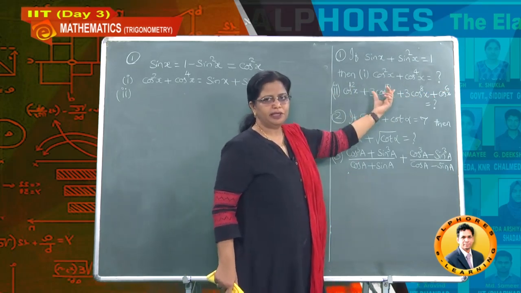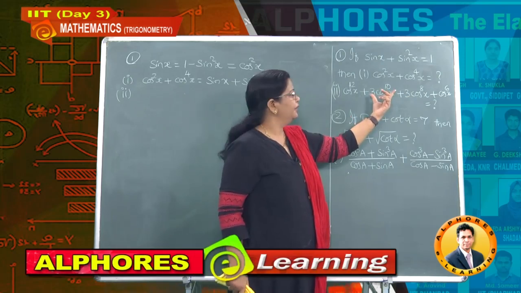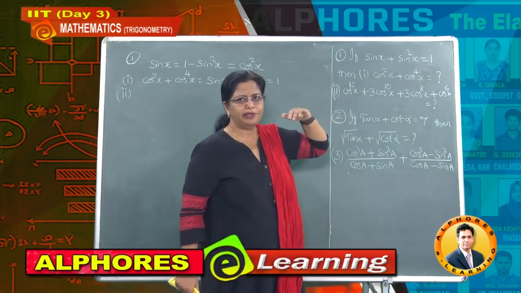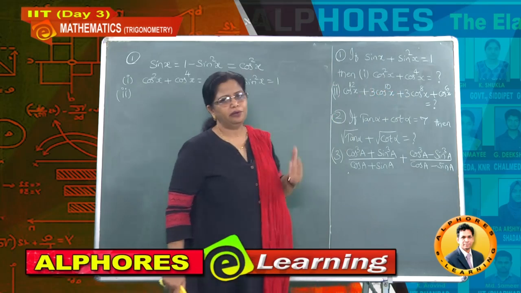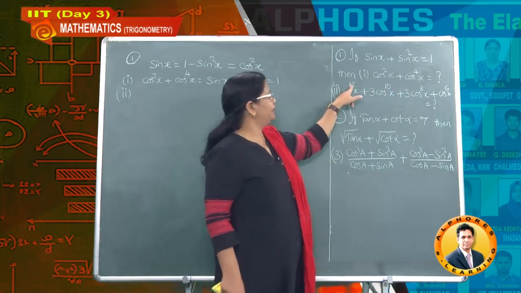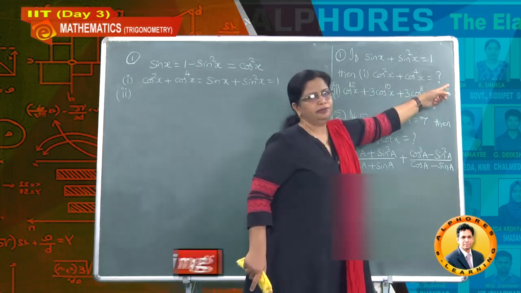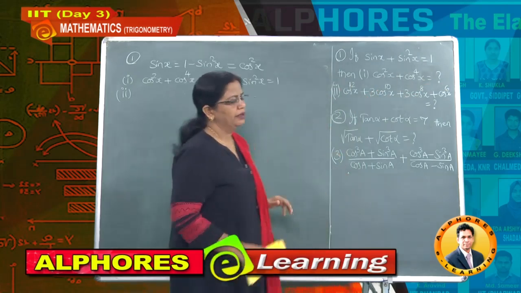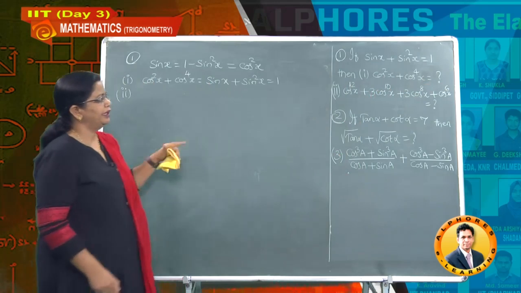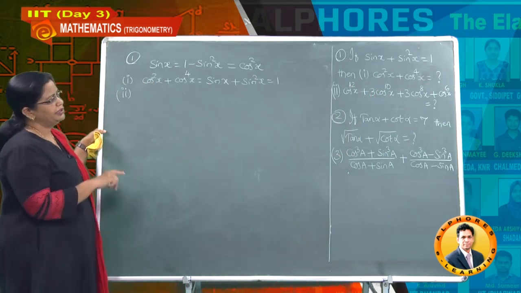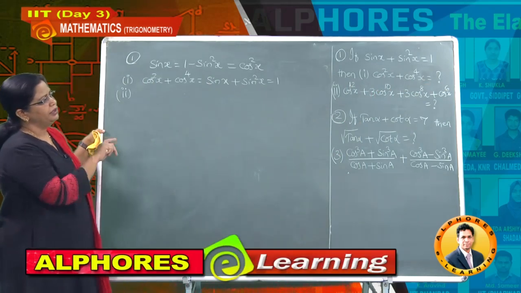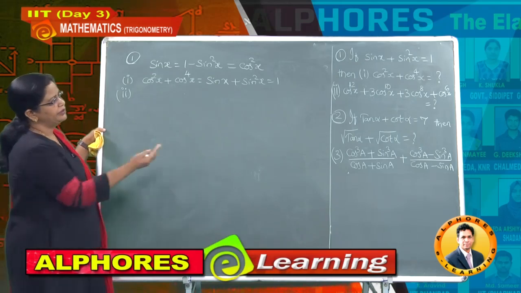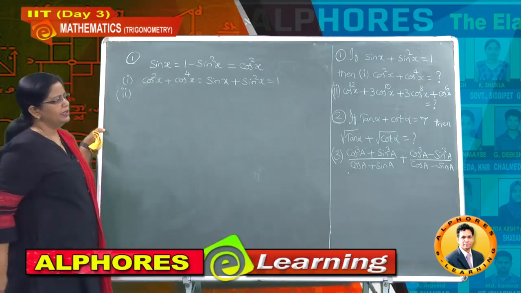Whenever you come across this kind of expression, immediately you have to remember the formula of a plus b whole cube. There also you can find multiples of 3, and the others are again multiples of 3. So immediately I will go for the a cube plus b cube formula, that is the a plus b whole cube formula, whether it is suitable or not, after changing completely in terms of sin.